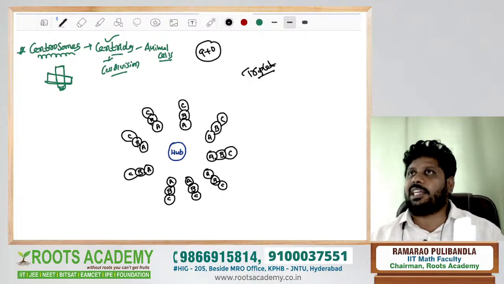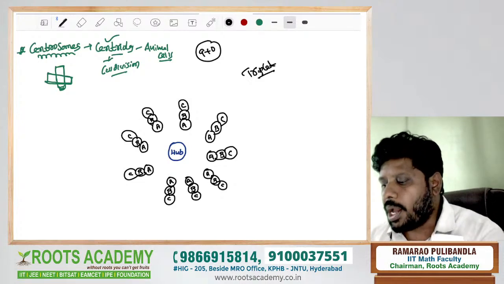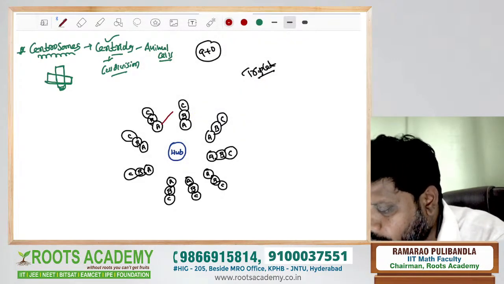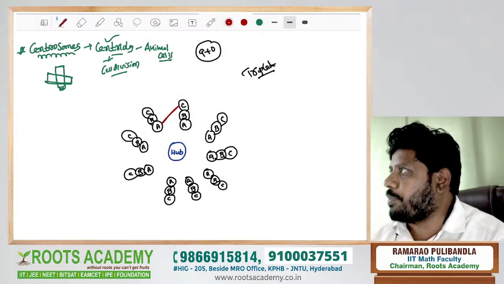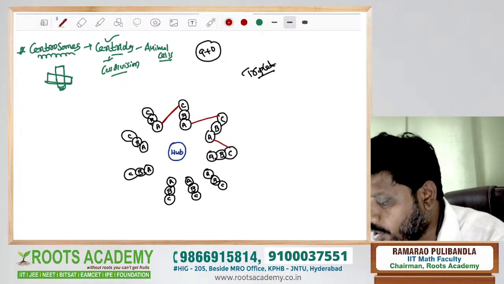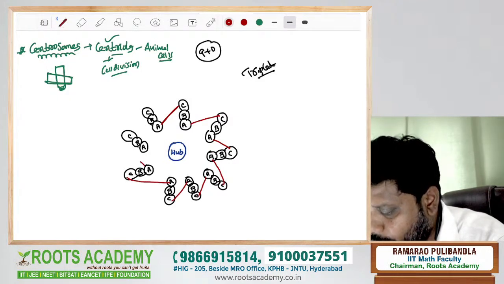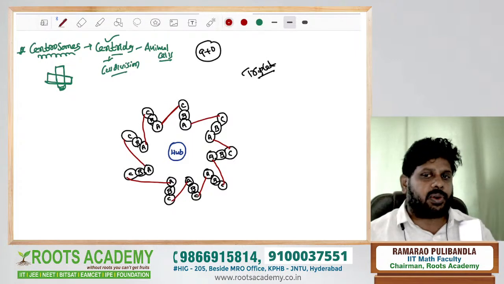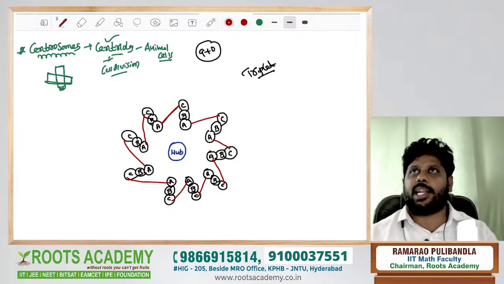And see, listen, A of one microtubule is connected with C of another microtubule in a cyclic manner. A connected with C, A connected with C, like that. A of one microtubule is connected with C of another microtubule.